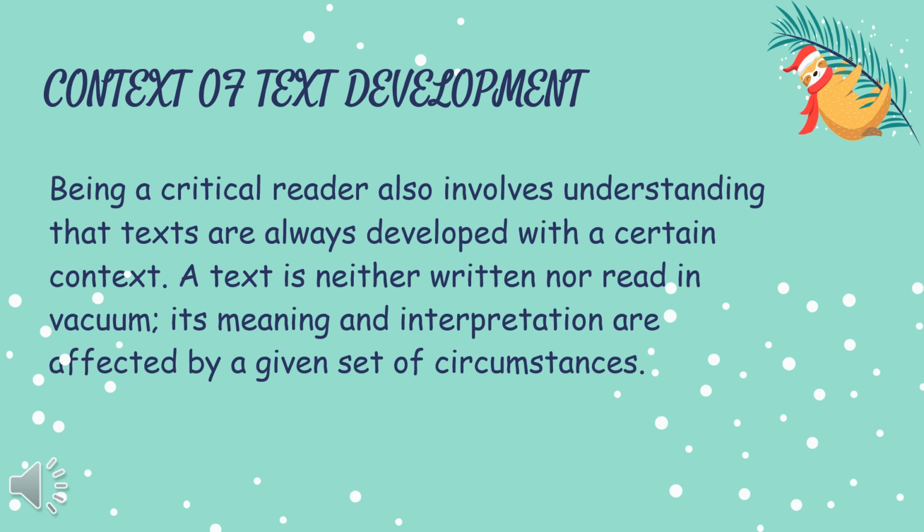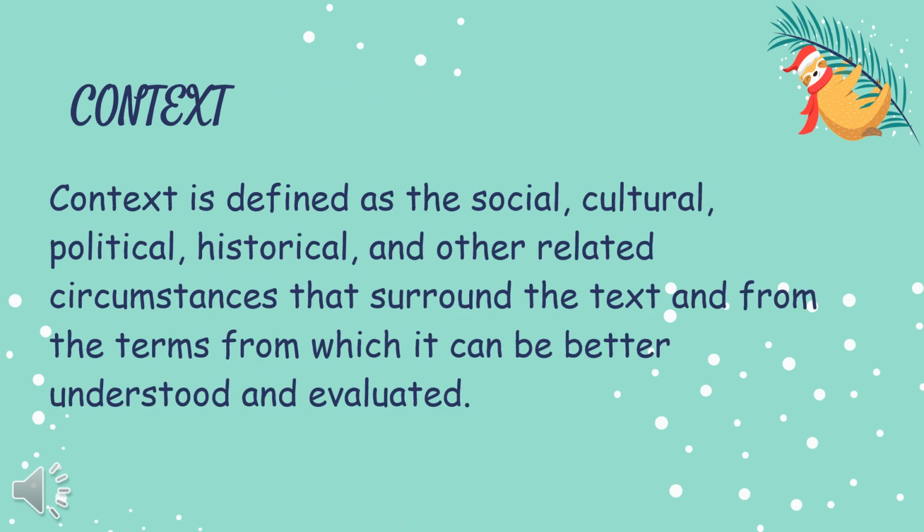Now, class, being a critical reader and an effective writer involves understanding that texts are always developed with a certain context. A text is neither written nor read in a vacuum, and its meaning and interpretation are affected by a given set of circumstances.